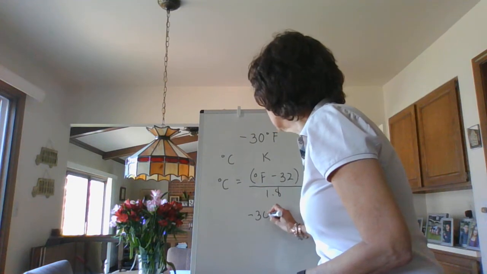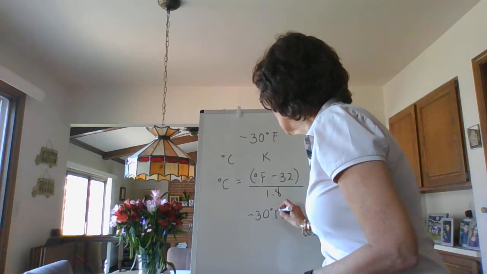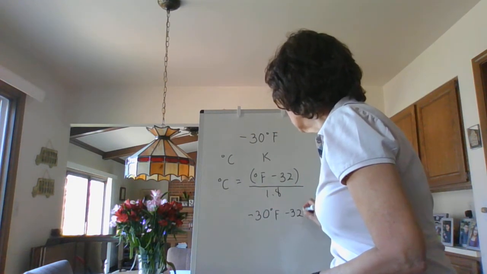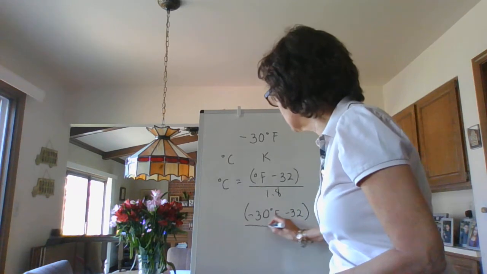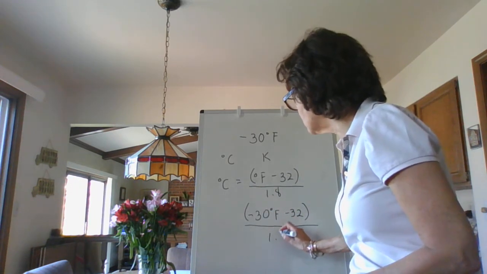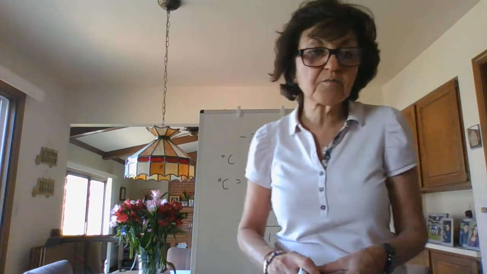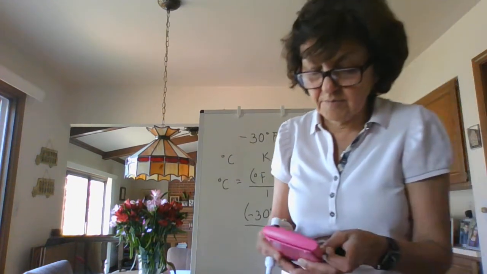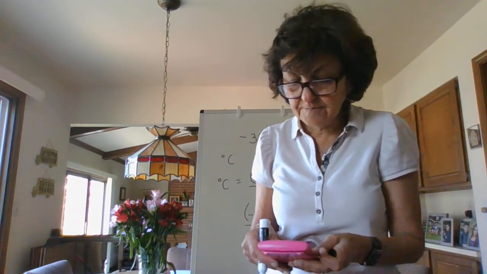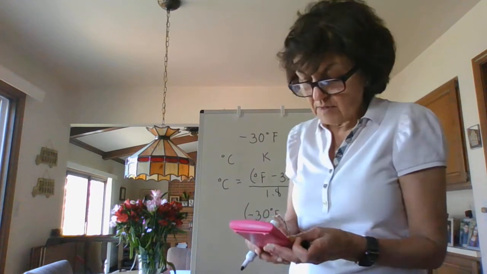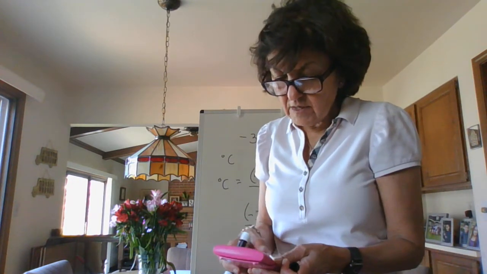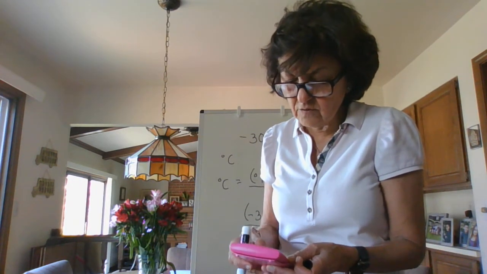Minus 30 minus 32. I'm going to plug that into my calculator, press equals, and then I'm going to divide it by 1.8. So let me go ahead and do that. Minus 30 minus 32.